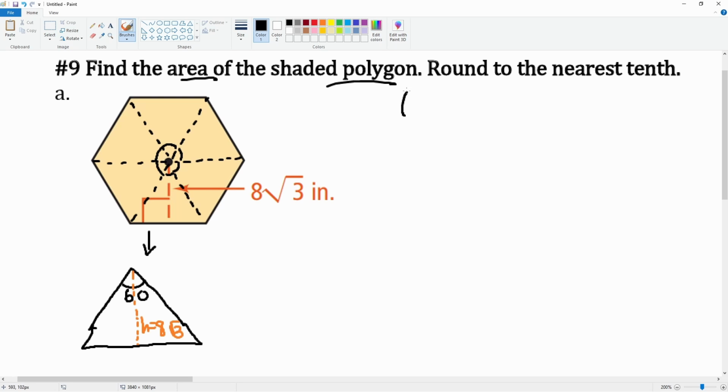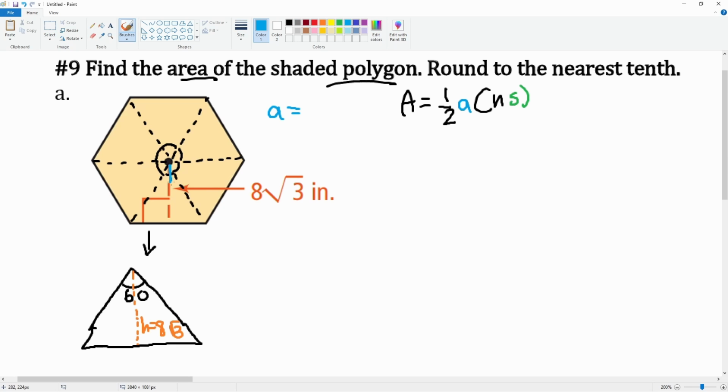We know that the area is going to be defined as 1/2 the apothem, I'm going to use the letter A, times the n, which is the number of sides, times the side length itself. We actually know the apothem.